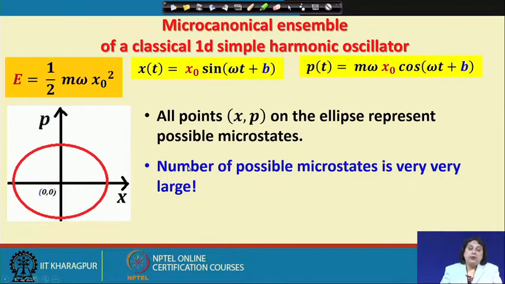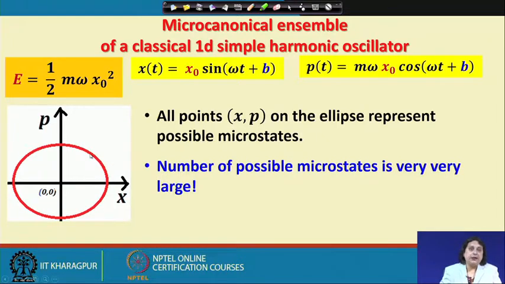So, what is the number of these possible microstates? The number of these possible microstates is equal to the number of points present on this ellipse, and obviously that is a very, very large number. For all practical purposes, there is an infinite number of points, which are dimensionless quantities, that can be populated over this red curve.